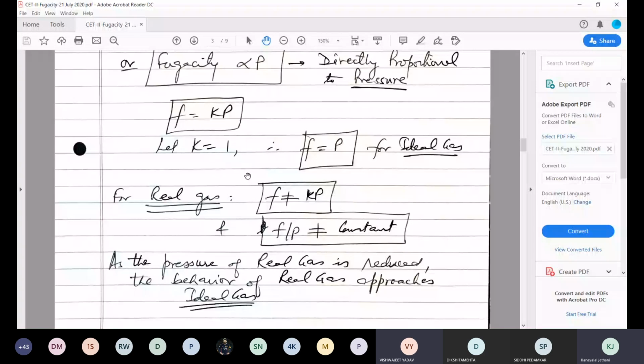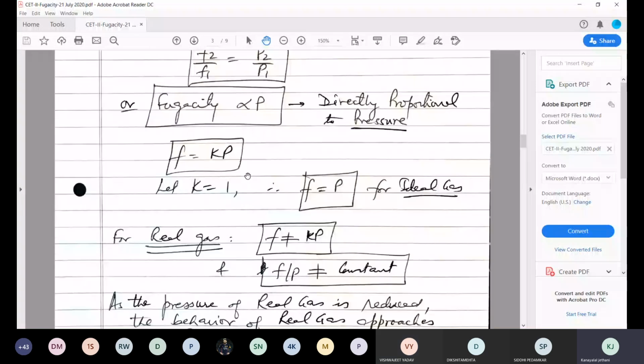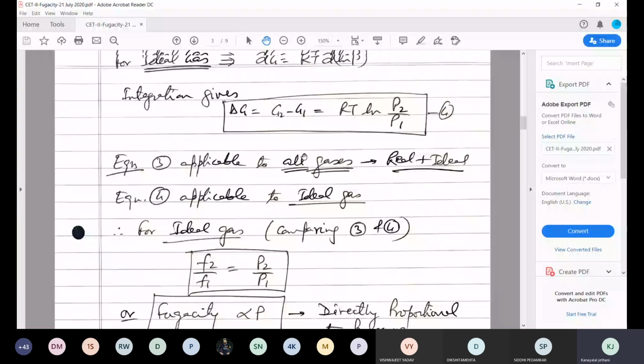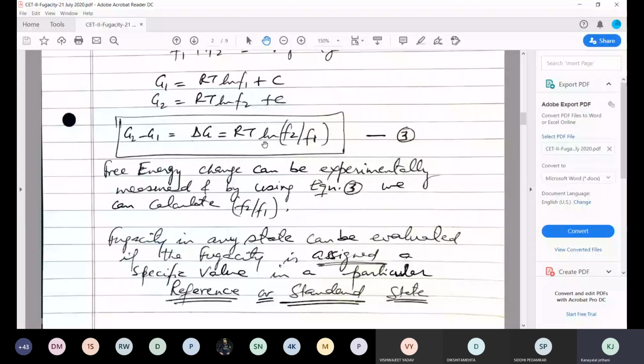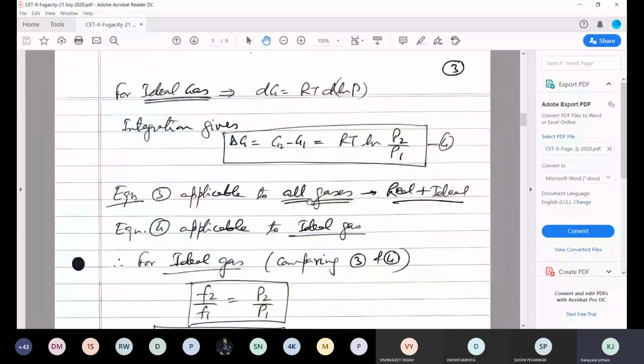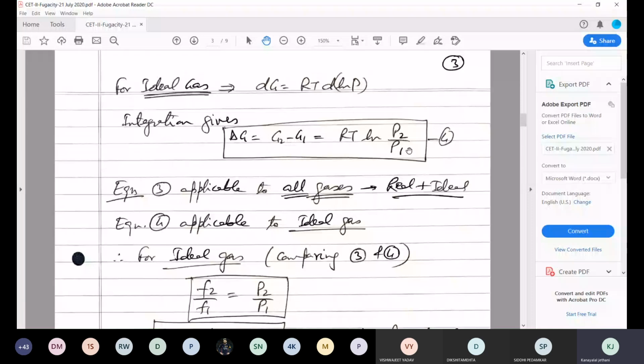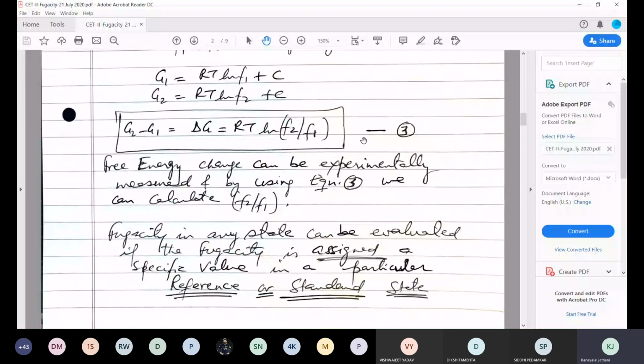So here we saw, we compared equation 3 and 4, right? Equation 3 is for real gases. Delta G for real gases is equal to RT ln F2 by F1. And delta G for ideal gases is RT ln P2 by P1, right? So when we say real gases, it includes ideal gases also, because any real gas at low pressure becomes ideal gas.